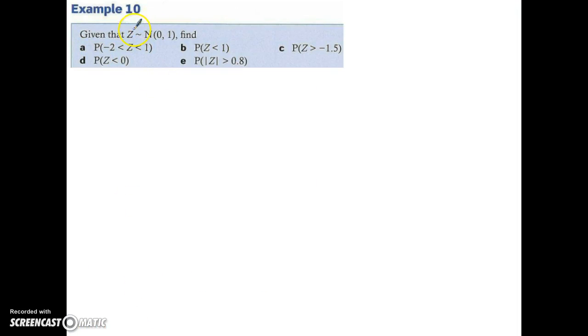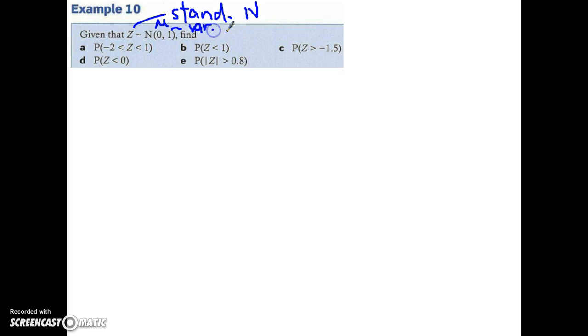So we have Z, and that means we have a standard normal distribution. If I'm talking about the standard normal distribution, my mean is always 0, and my variance is always 1.